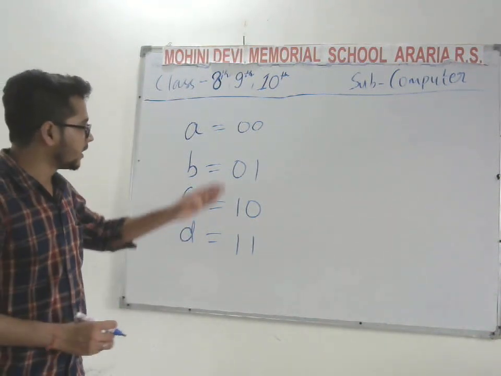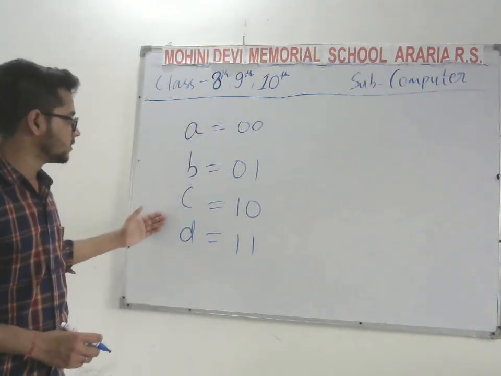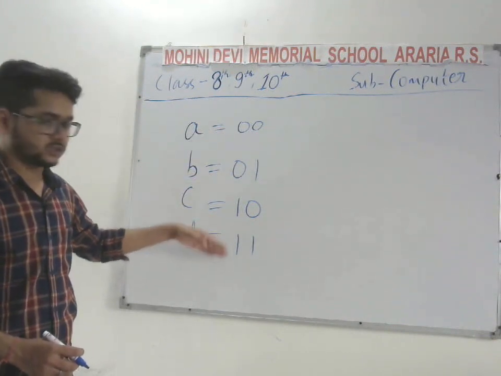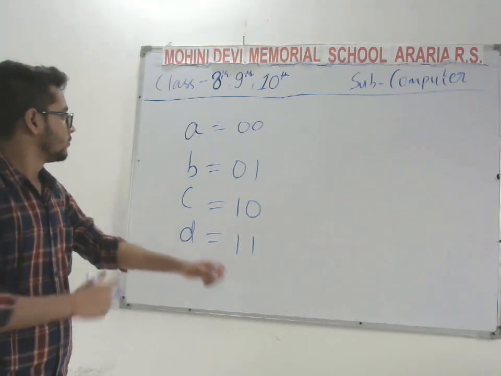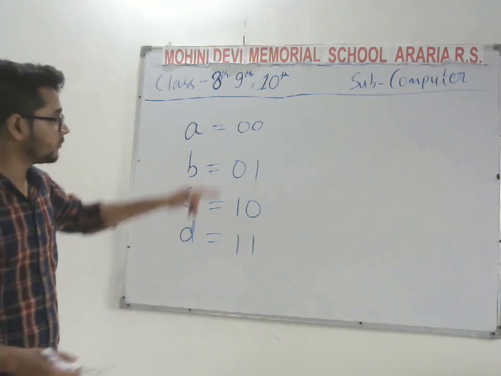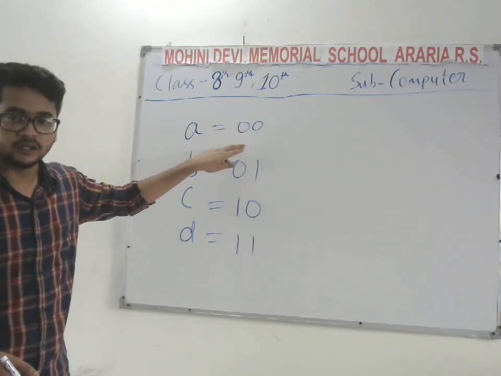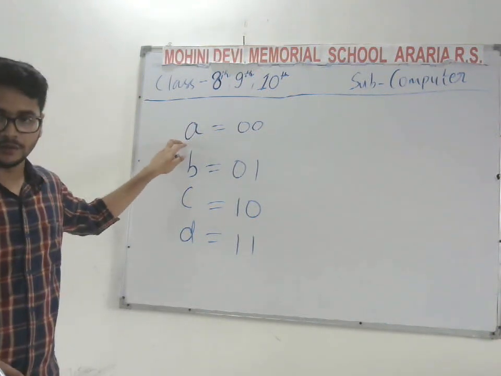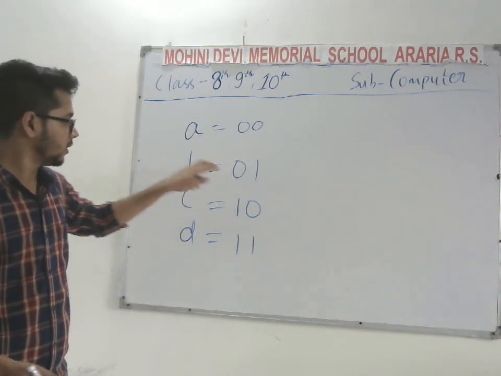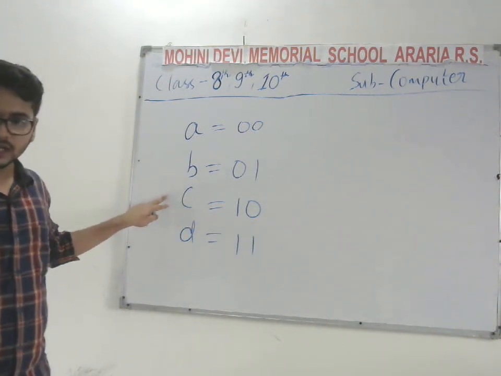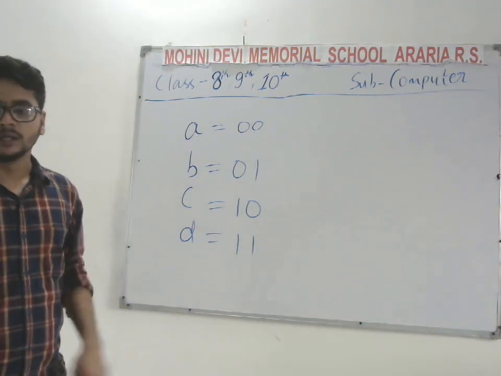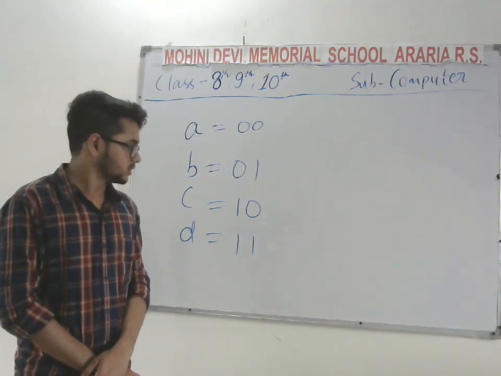We can represent these 4 characters through these numbers. We beforehand tell the CPU that whenever I press 00, you understand it as A. For 01, the CPU will understand it as B. For 10, the CPU will understand C, and for 11, D.